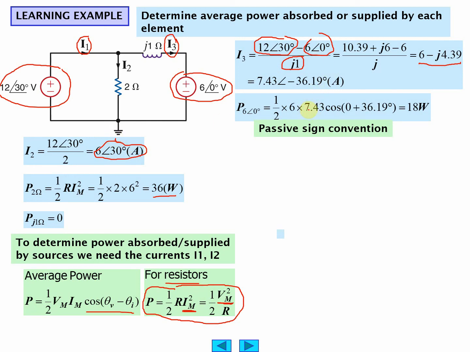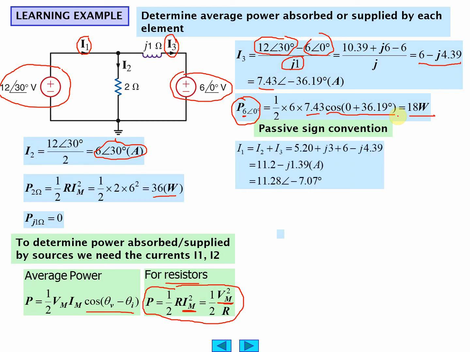Okay. And the power supplied by the 6-volt source then would be 1/2 times the 6 times the current and times the cosine of the difference between the angles between them. 18 watts. Okay, that's pretty easy.